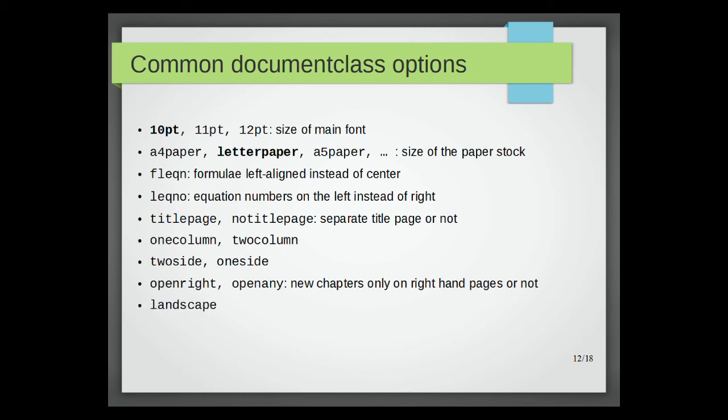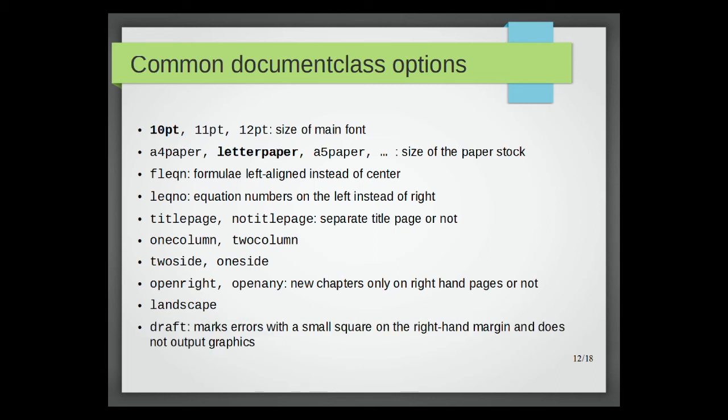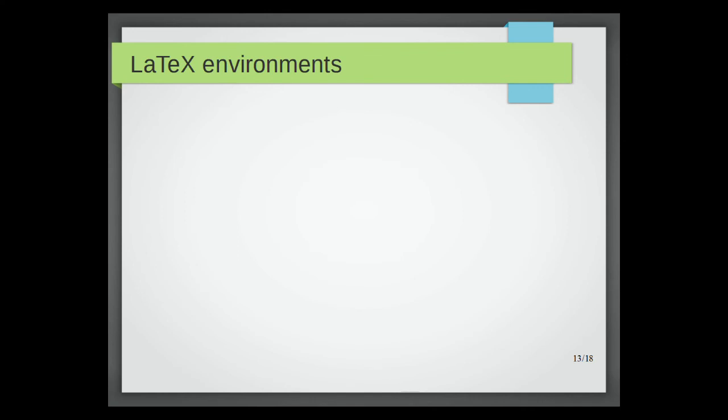Landscape, which outputs a landscape document, and draft, which is very useful during the review phase of a document, as it marks typesetting errors with a small square on the right-hand margin, and it also does not output graphic files for a faster rendering.